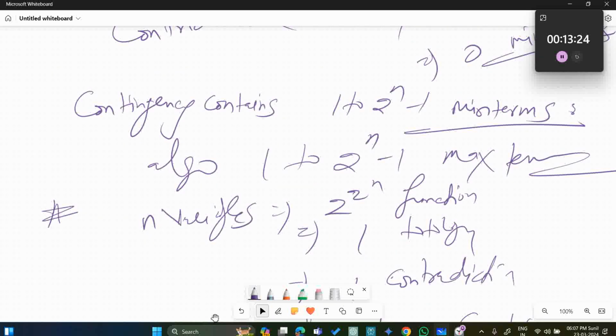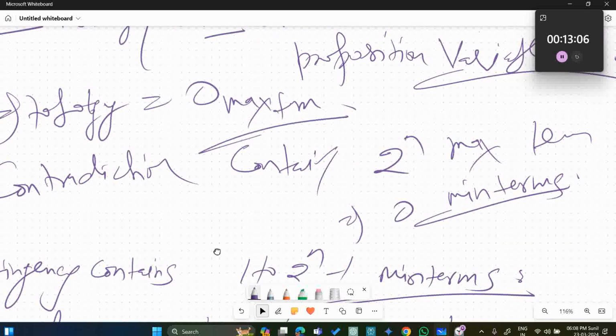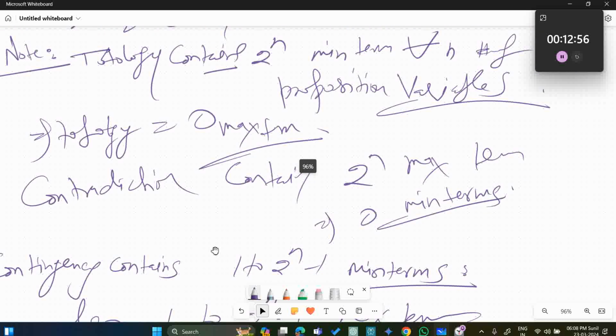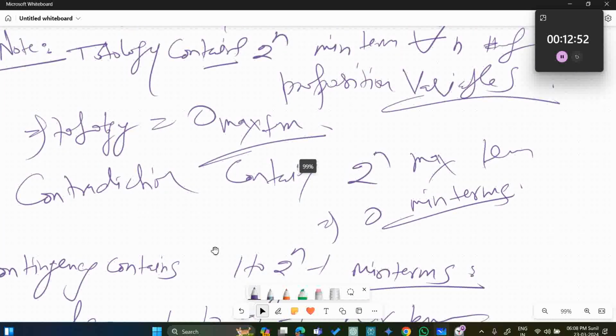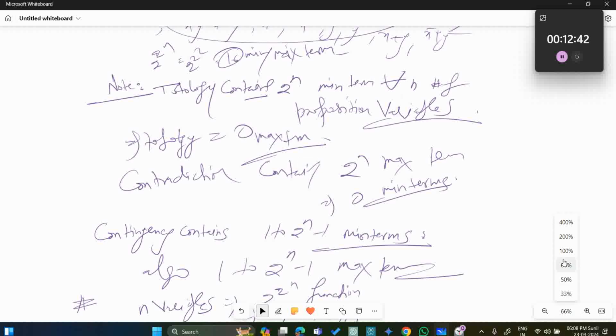But first we will understand why a contingency contains 1 to 2^n minus 1 minterms, and a contradiction contains 2^n maxterms. So we will try to understand this.